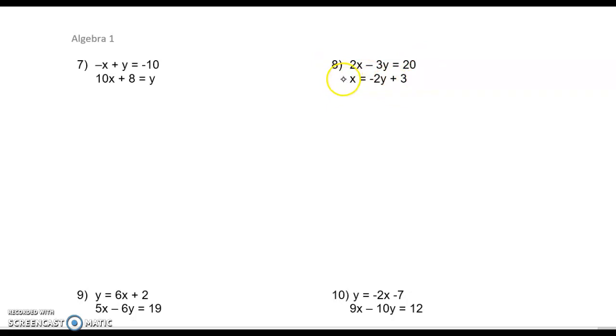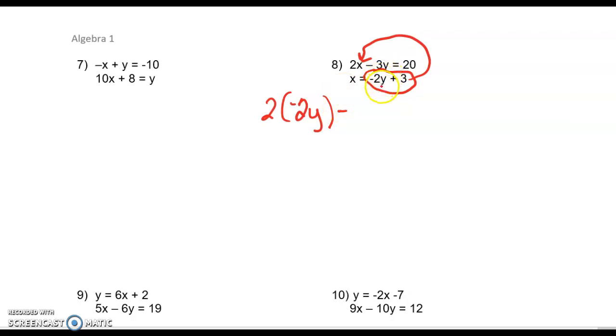So since we know what x equals, we're going to take the value of x and put it in place of x in our equation. So then we would rewrite 2 times -2y take away, oh, what did I do here? I made a mistake.